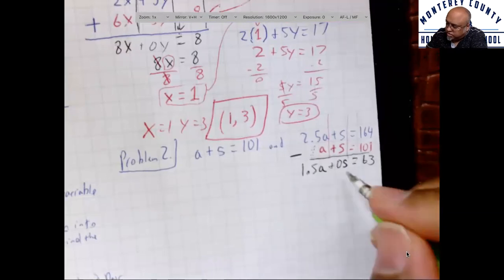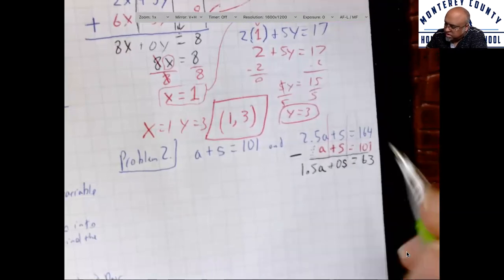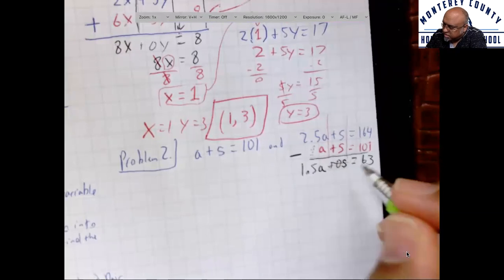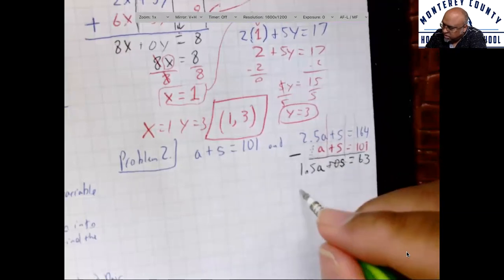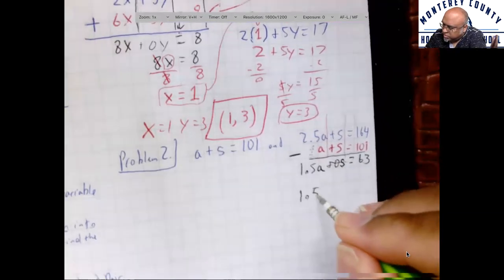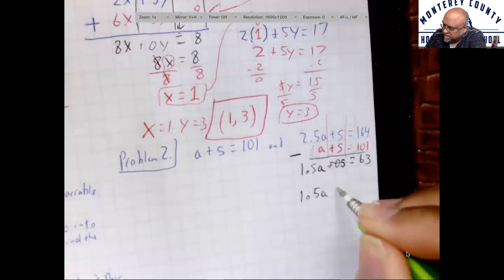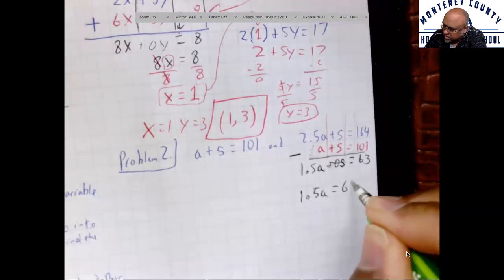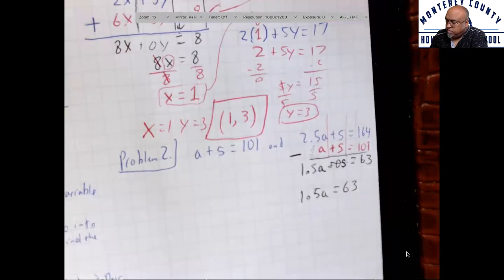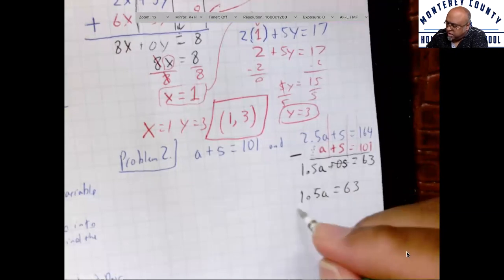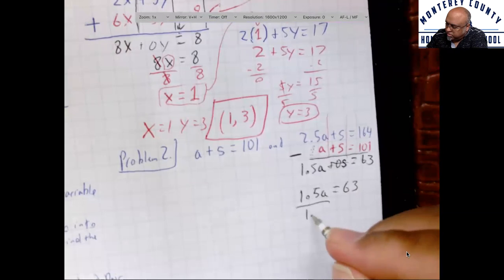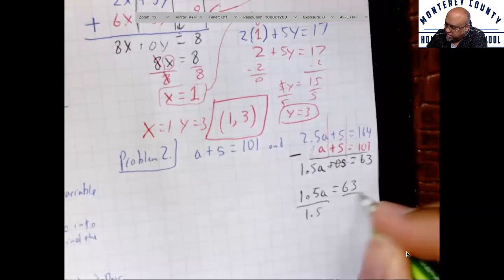Now, since there's 0 s's, then that has now been eliminated. So I can rewrite my equation as 1.5a is equal to 63. Okay, I can divide both sides by 1.5.